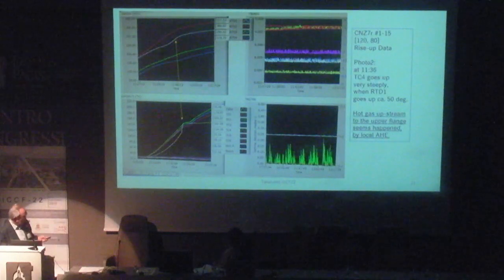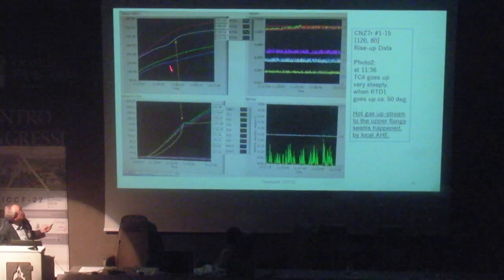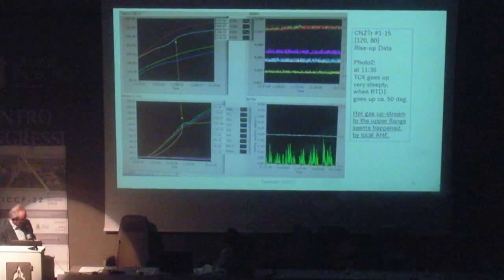Maybe we guess a kind of gas upstream happened from the lower part to the upper part. This is a lower part temperature in the reaction chamber. This is a kind of thunderstorm climate. We have a similar thing happening, I guess.